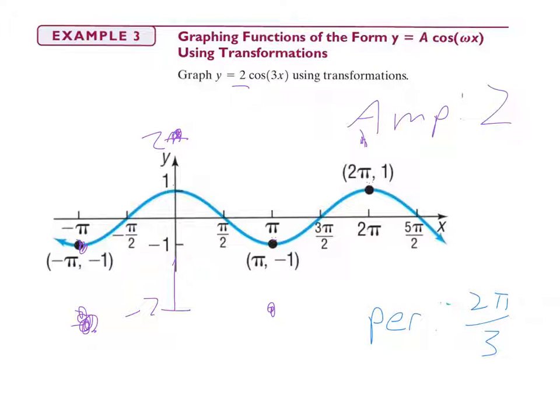Since you cut the period by a third, instead of pi, it'd be at pi over 3, which would be at about right here, I think. Actually, you start off by this one. Pi over 2. Since it crosses 0 at pi over 2, it would now cross at pi over 6. At pi, since it's negative 2 at pi, now it'd be negative 2 at pi over 3.